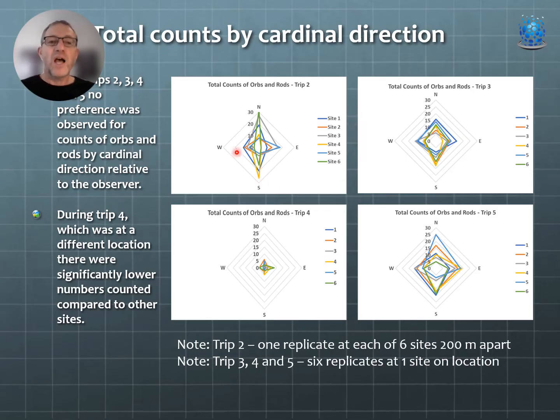We've got this cardinal direction or distribution of counts or total counts of orbs and rods in trip 2, 3, and 5. And then in trip 4, I went to a different location about 30 kilometers away, and recorded a reduction in numbers, but again the orientation was quite symmetrical to the observer in terms of cardinal direction.